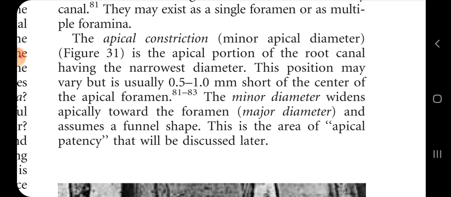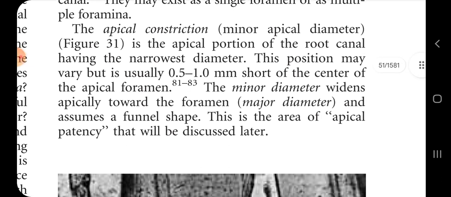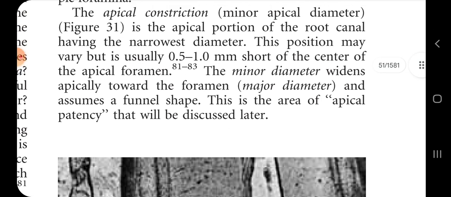The position of apical constriction may vary but is usually 0.5 to 1 mm short of the center of the apical foramen.